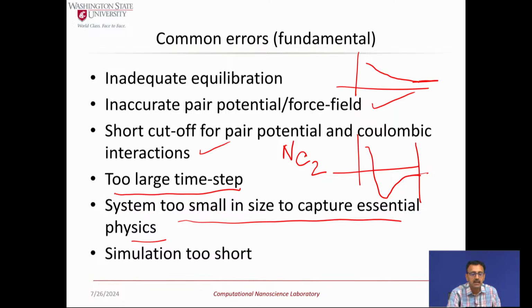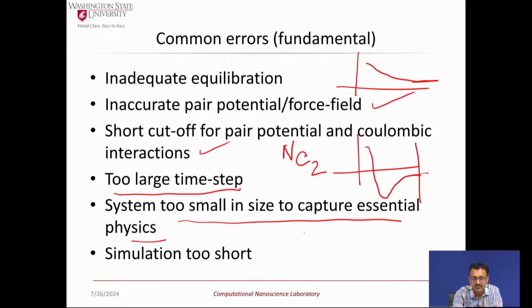Another aspect is how big of a system you want to simulate. Obviously, we want to simulate the smallest system that we can to get an accurate estimate of a property that we are calculating. But a lot of times, if the system is too small, it simply doesn't capture it, right? You're either not doing enough sampling, or there are some periodic interactions that become spurious.